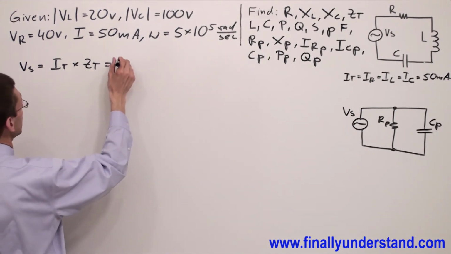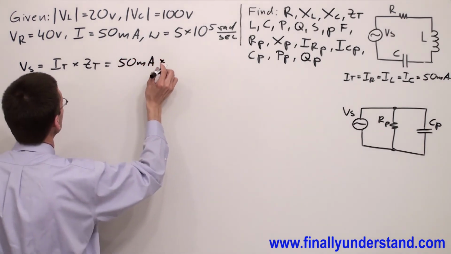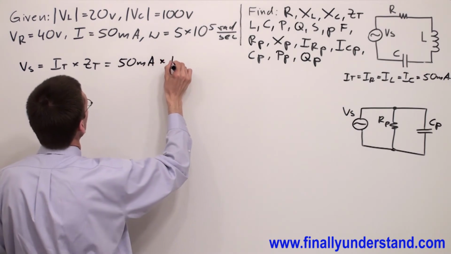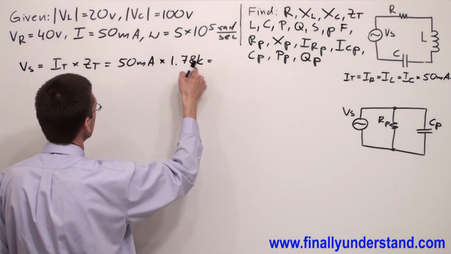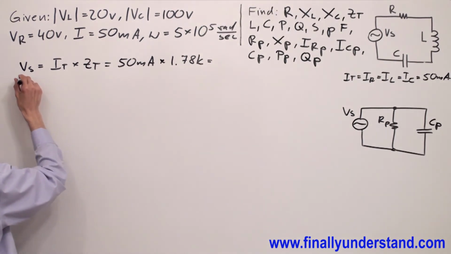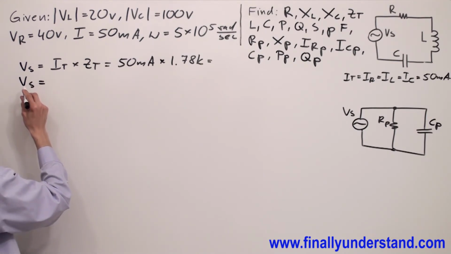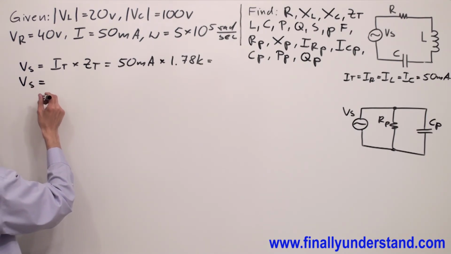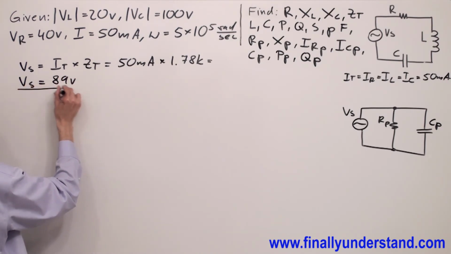So I total equals 50 milliamps times Z total, 1.78 kilo. Please notice that I didn't include the angle because I want to keep the voltage source with angle of 0 degrees. So I have voltage source equal 89 volts.